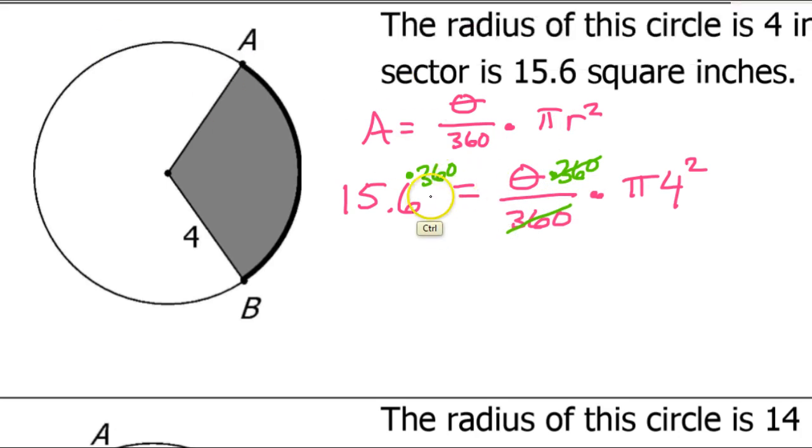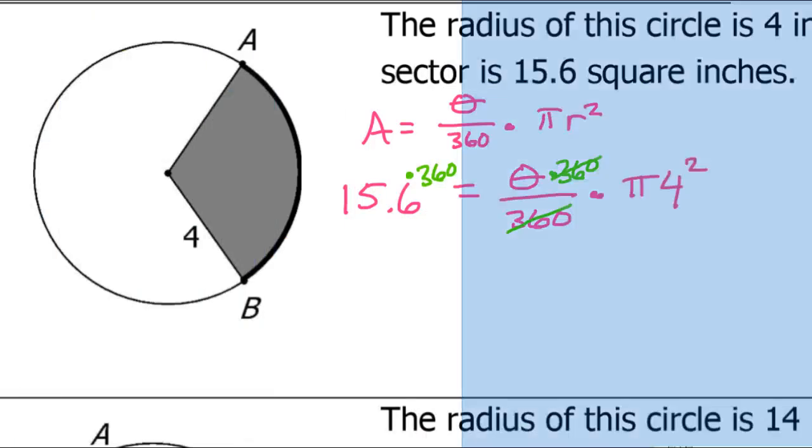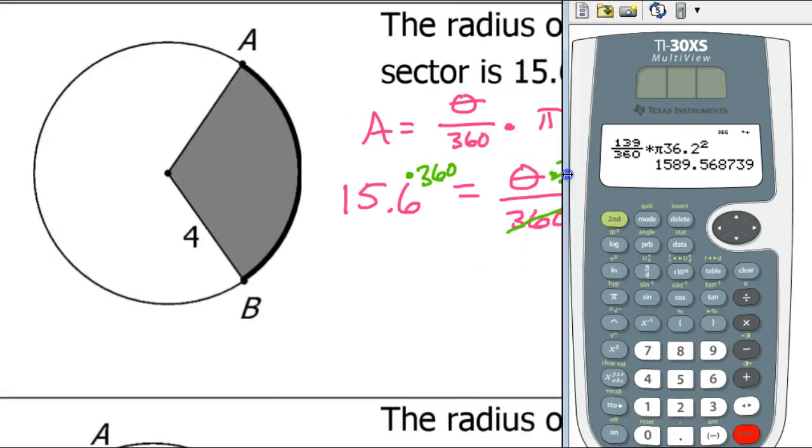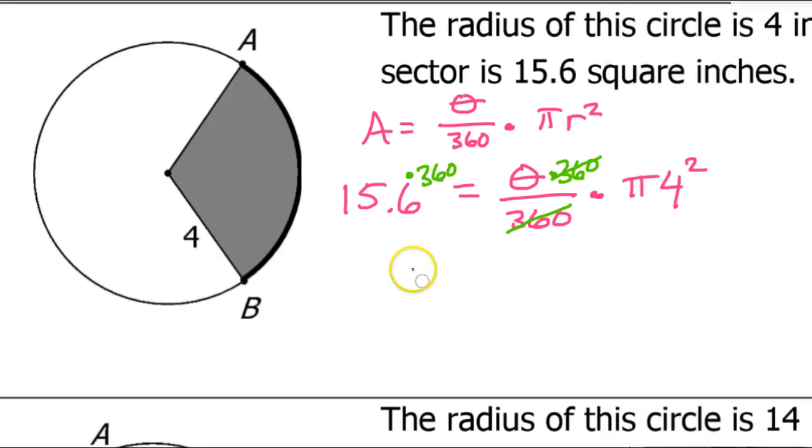And that's going to give me whatever this is, so 15.6 times 360. Okay, so that's 5,616.